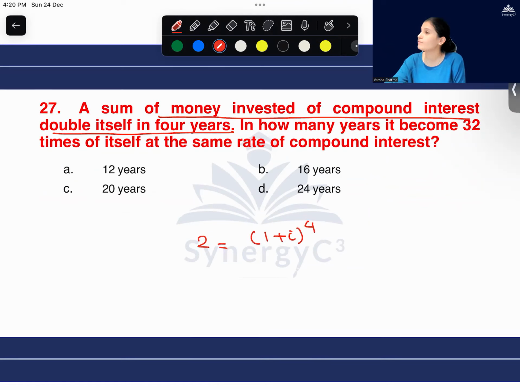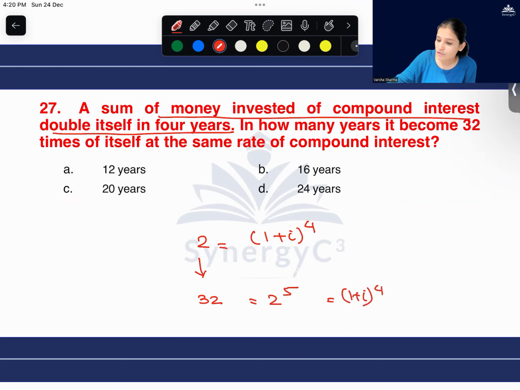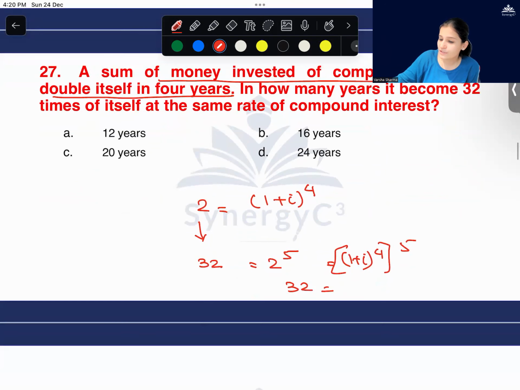That means my principal from 1 should become 32. 32 means 2 raised to the power 5. If the left hand side is raised to the power 5, raise the right hand side also to the power 5. So 32 is (1 + i) to the power 20. That means in 20 years, it's going to become 32.